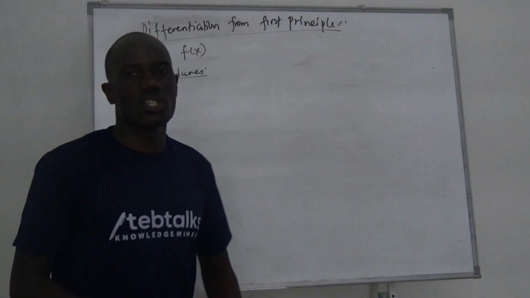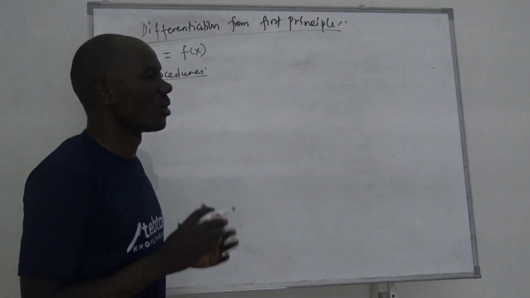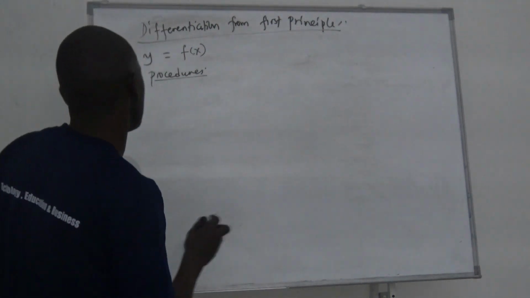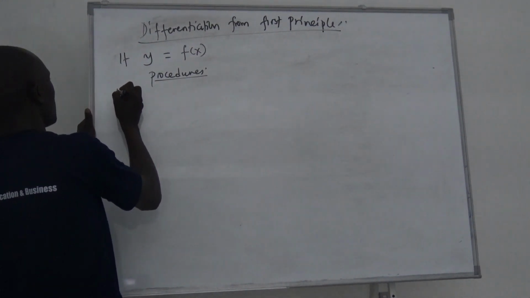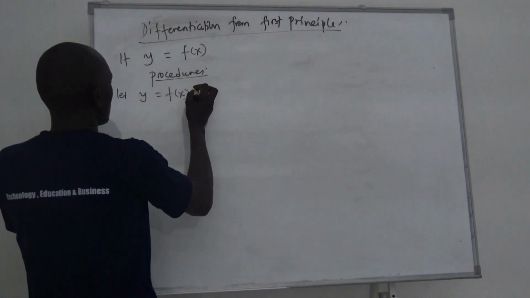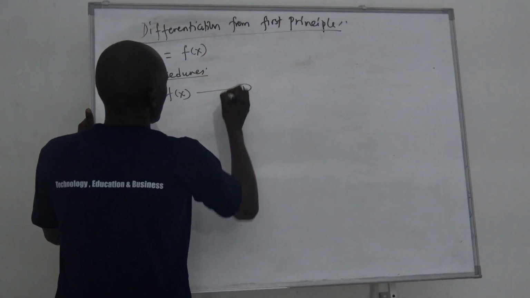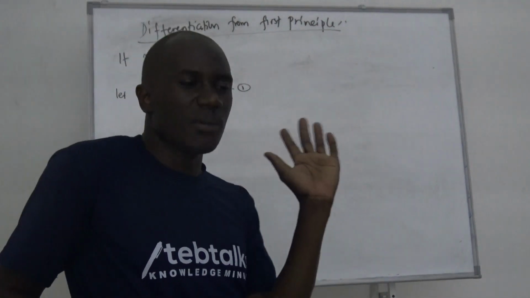The first is, if they have given a function as f of x, you let y equals f of x. Call it the first equation. That's the first step.